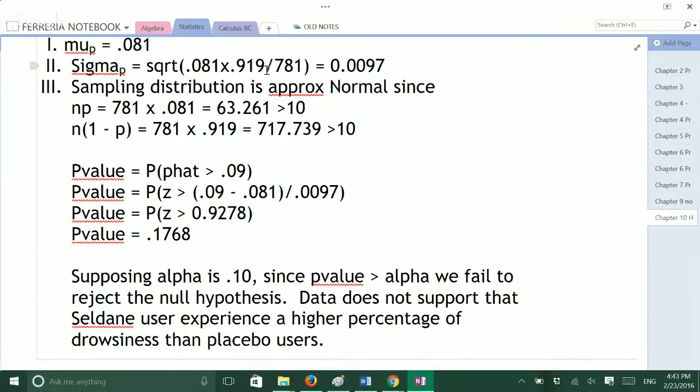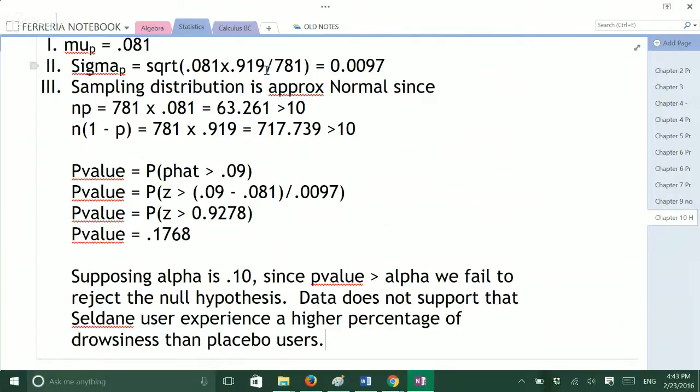No, we're assuming that the placebo is like the normal population, and in the normal population approximately 8.1% are going to experience drowsiness. Okay, this is actually a weird question. Any problems with that?